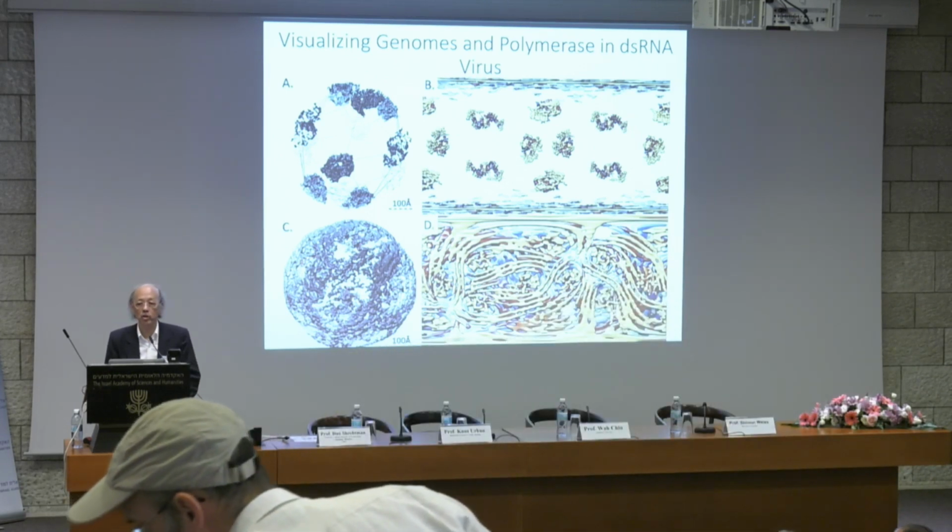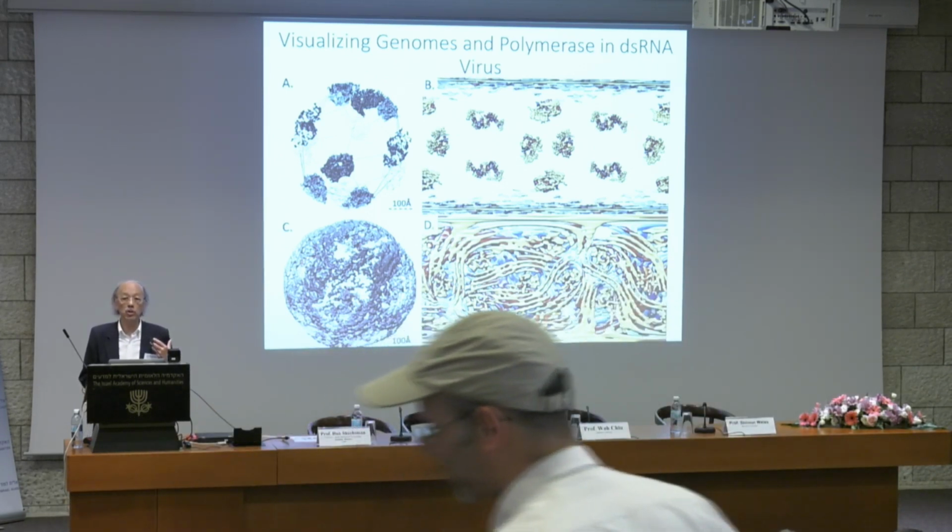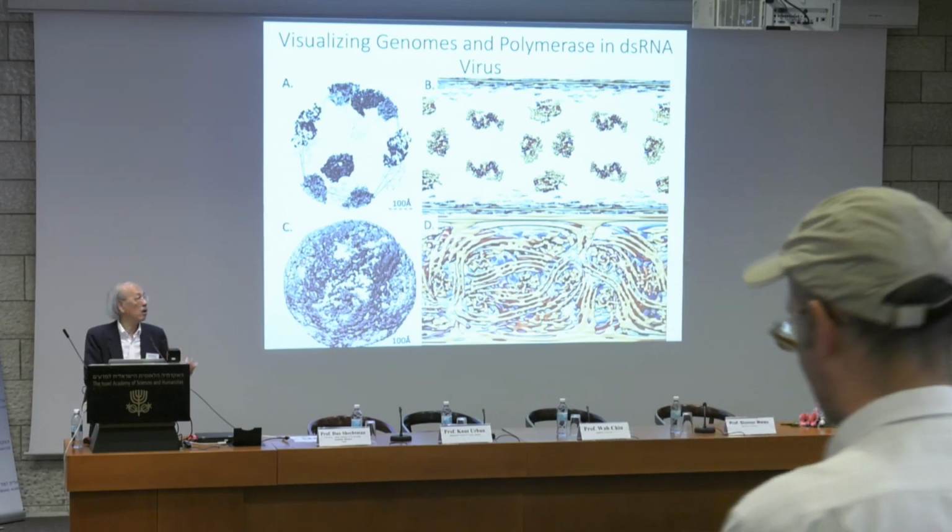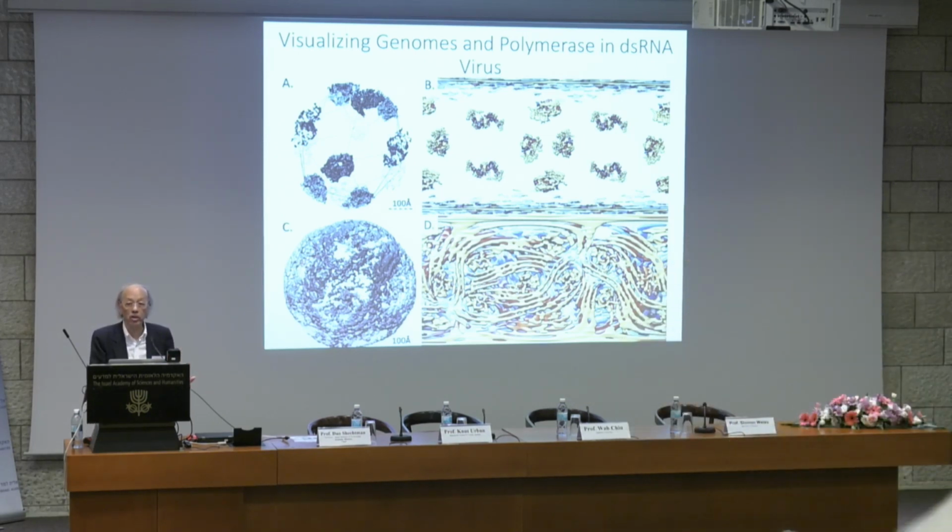Okay, that's a good question. Because the assembly process is quite different in the case of this RNA virus, because actually the RNA is packaged together with the capsid protein when it's formed. But in the case of the DNA phages, the DNA is just encapsulated inside afterwards. So the process of assembly is different. And in this case, I think the assembly of the capsid protein is also probably influenced by the genome.